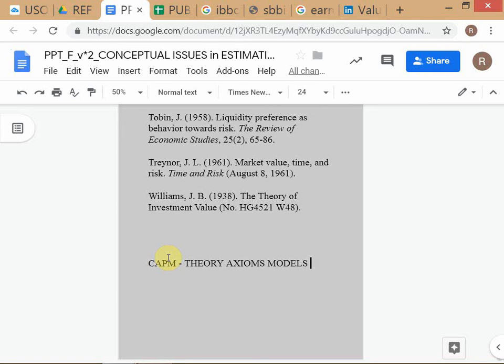If a fixed deposit in a bank gives me 8%, then if I am putting my money in your company bonds or debentures, I should get 13%. That is subjective. So what is the objective way? This model at least prescribes one. Now, the way this model was developed was through a process of abstraction.